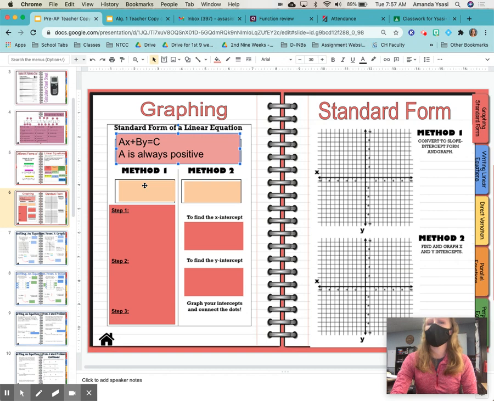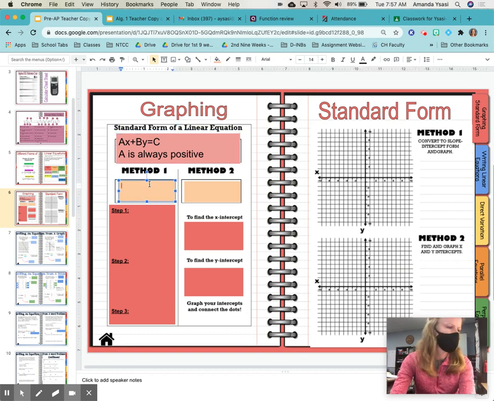So in order to graph using standard form, method 1 would be like we've already been doing. Solve for Y to get it in Y equals MX plus B form.